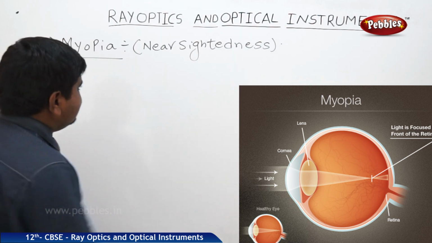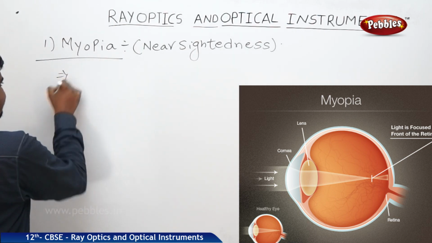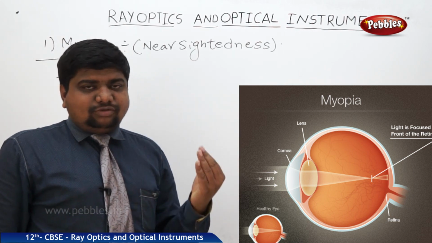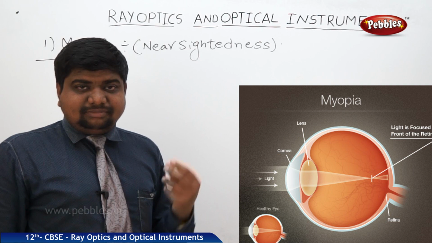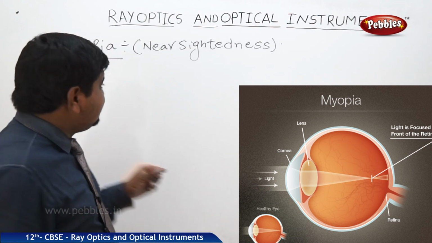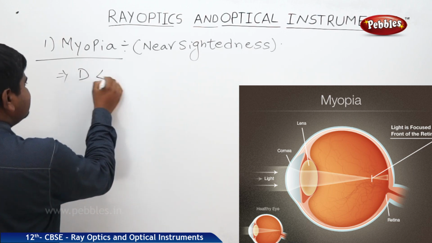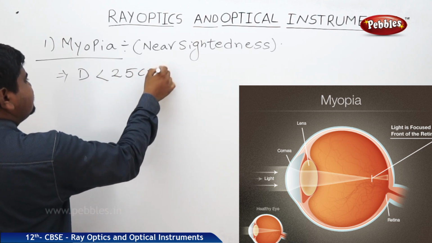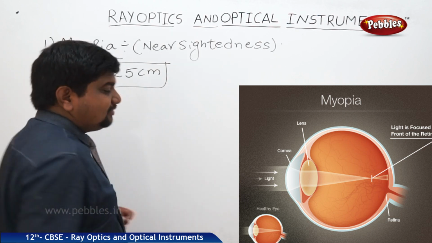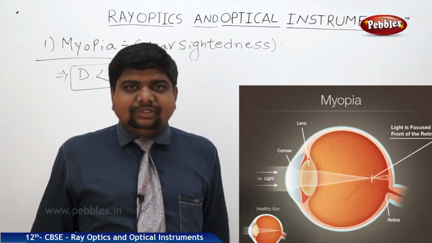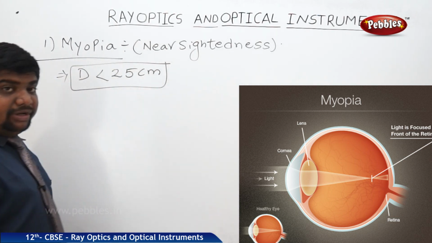Suppose a person is able to see the object only at less than 25 centimeters, that means less than D, then he is suffering with myopia. So D is less than 25 centimeters. Maybe at 20 centimeters, or maybe at 5 or 10, meaning he should place the object very close to the eye. Then he is suffering with myopia.